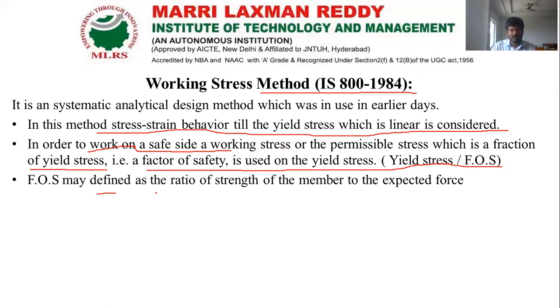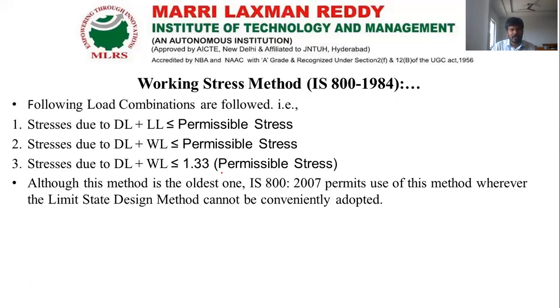The factor of safety may be defined as the ratio of strength of the member to the expected force. This will be very high in the working stress method. The following load combinations we can have in the working stress method: dead load plus live load, dead load plus wind load, up to permissible stresses.